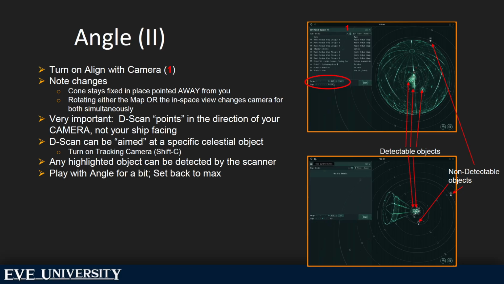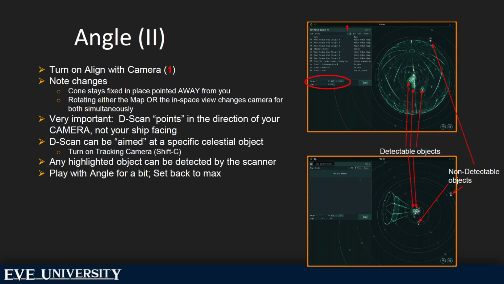And again, if you want to visualize this concept, you can open the solar system map, and the solar system map will show you the area which is included in the directional scanner with the angle shorter than 360 degrees.